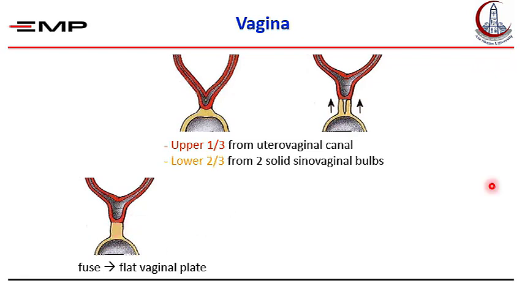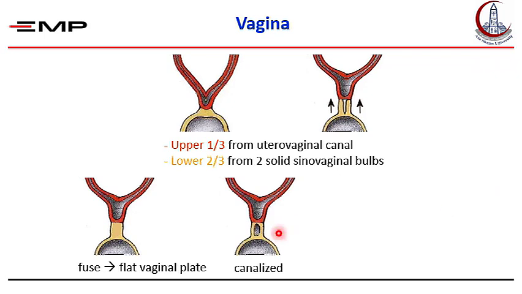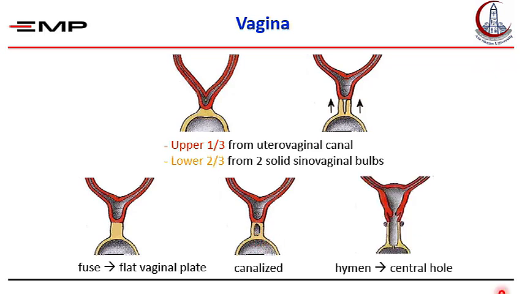Now, this vaginal plate becomes canalized, communicating with the lower part of the uterovaginal canal here, and communicating with the urogenital sinus below to establish the hymen, which has a central hole.